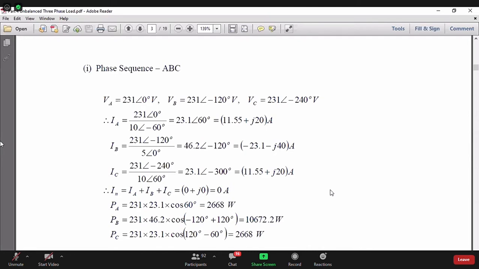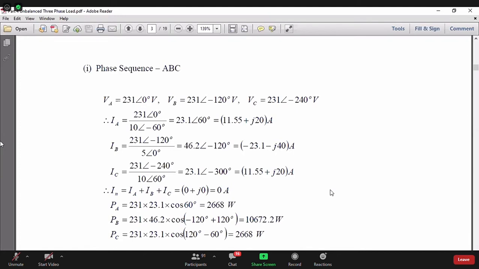Now, my dear friends, here is a very interesting question I raised to you. If somebody says that by a very simple measurement in a star system, can you tell me whether it is balanced or unbalanced? I have seen 90% students answering that if the neutral current is 0, it is balanced.